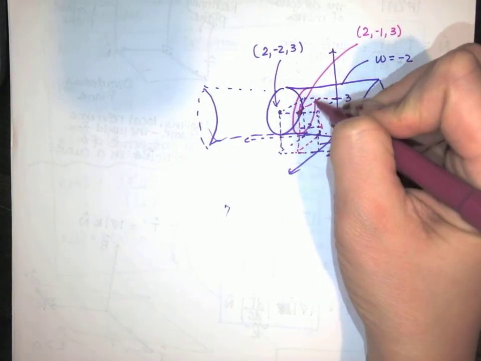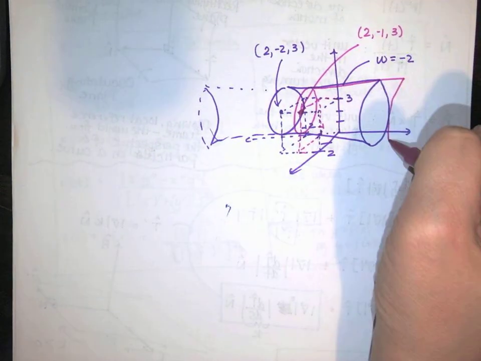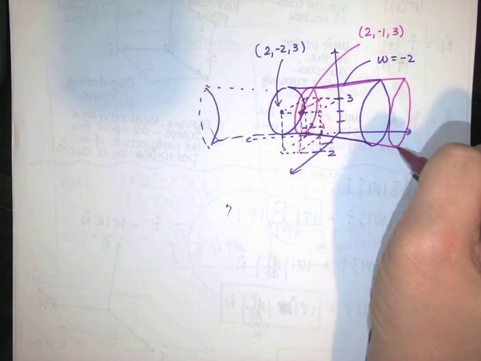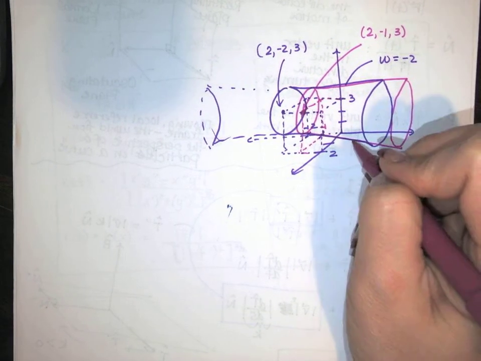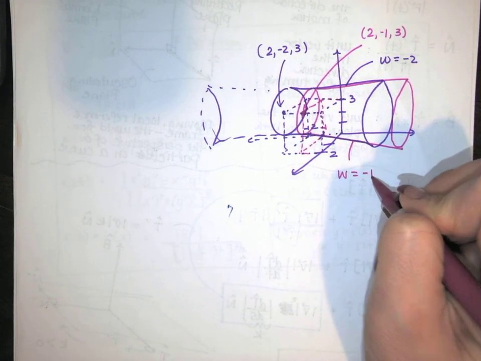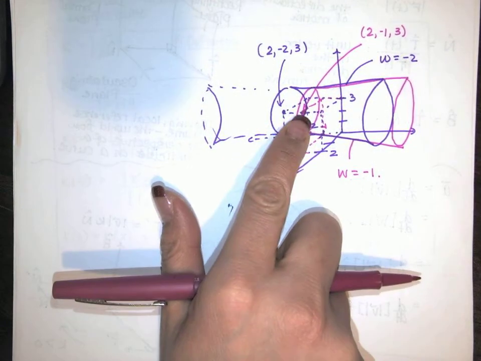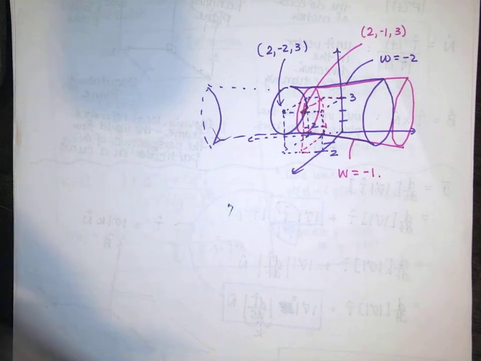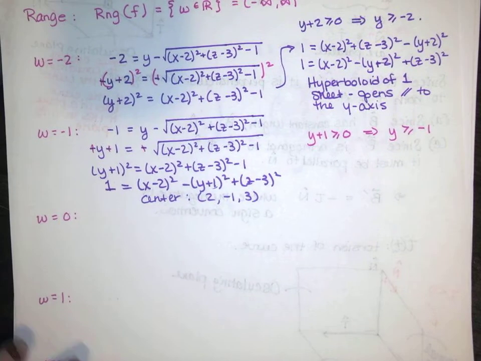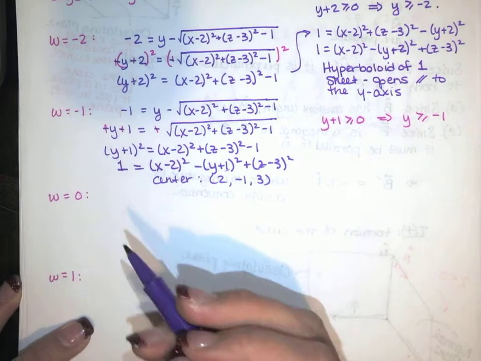So I end up with something that looks like this. That's what our surface looks like when w equals negative 1. You see a pattern? The center moved 1 unit down the y-axis. Okay. All right, let's look at what happens when w equals 0.